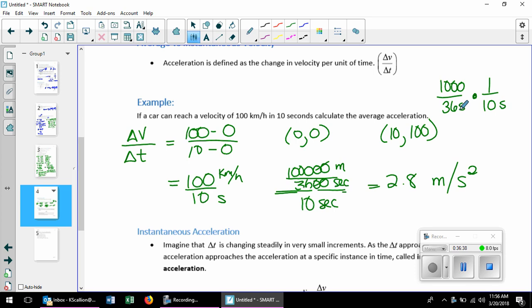So kilometers on top, 1,000 kilometers times 36 times 10 seconds per second. Okay.